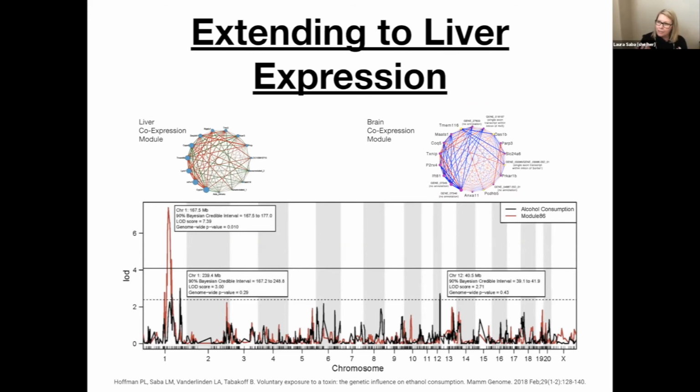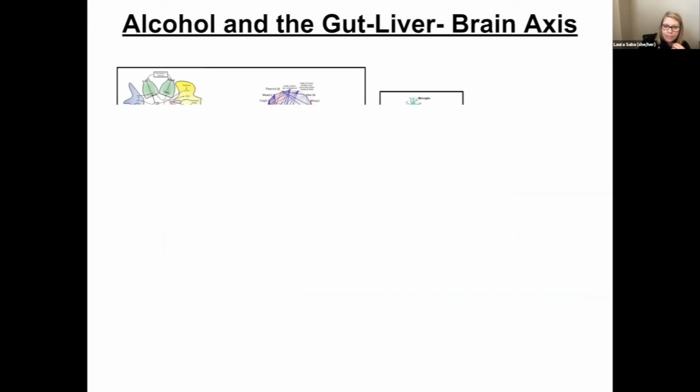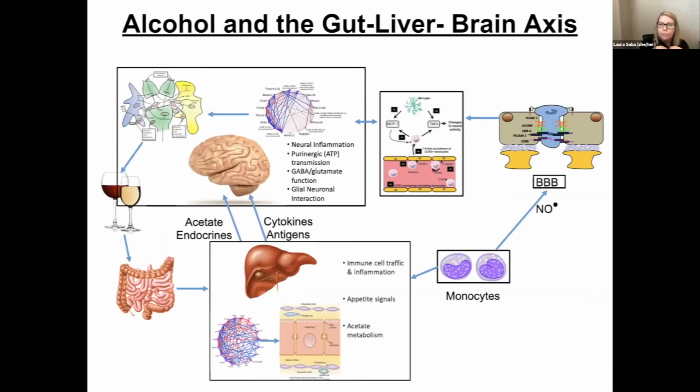The two modules that we found that were associated with our phenotypes were representing two different QTLs for this trait when we looked at the trait association with DNA. So really saying that there's probably contributions from multiple tissues to the genetic influence on this particular trait. And we were able to think more globally about the gut liver brain axis by being able to put in multiple tissues for the same phenotype.